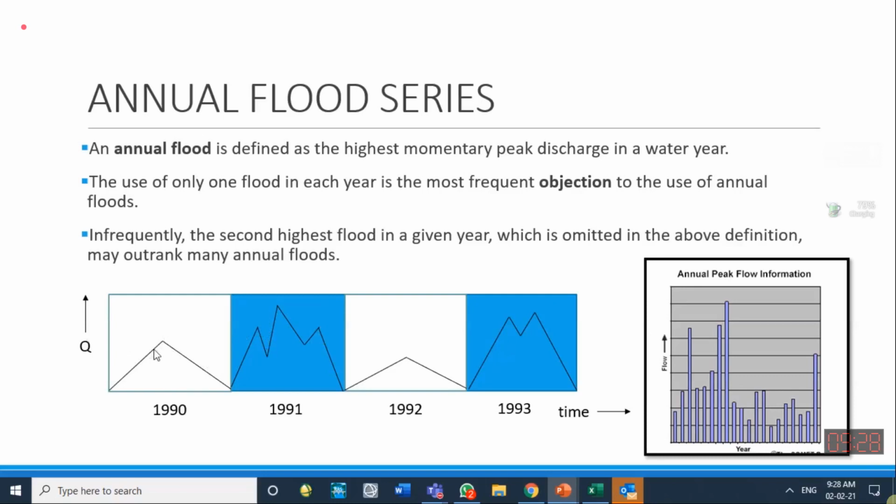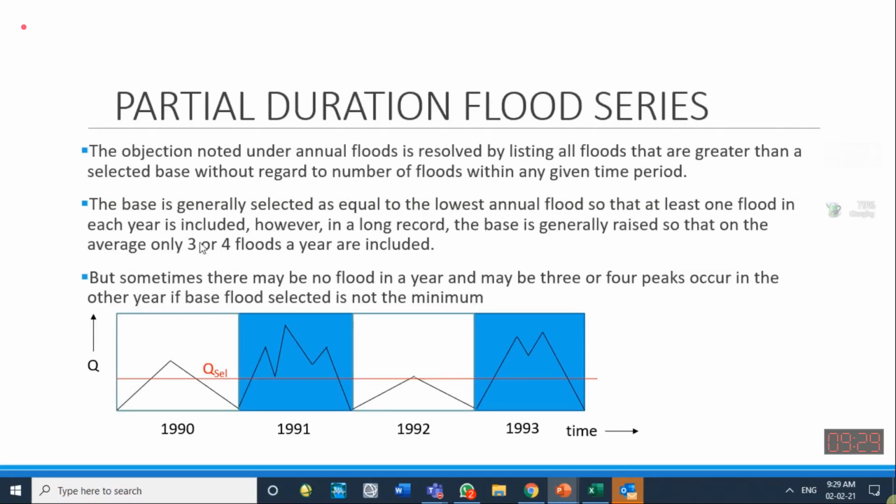For example, if it has a 50,000 cubic peak flood in 1990, more than this flood occurred thrice in 1991. So while we record only the highest value, we are ignoring these. This is one of the objections raised against the annual flood series data.